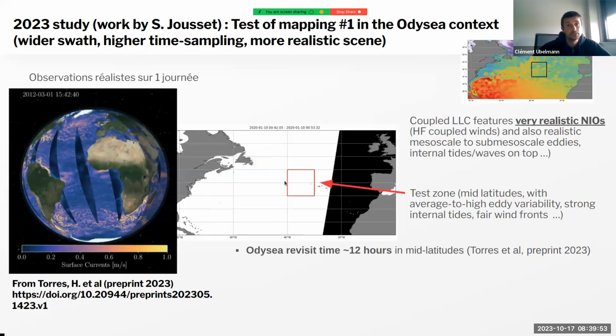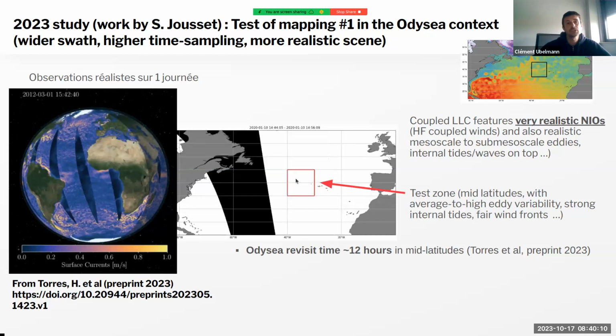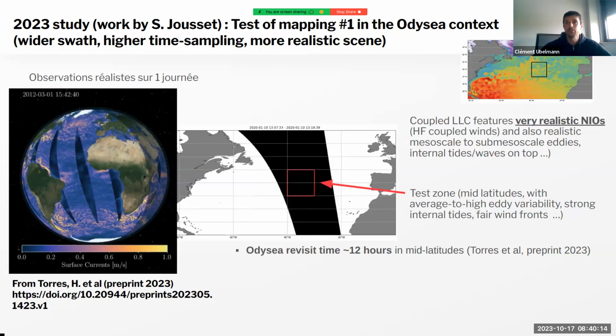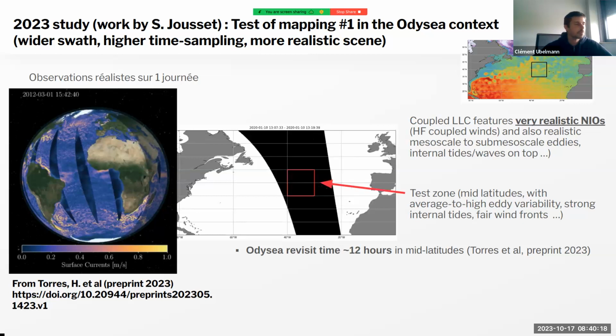So you see the ascending path, and then 12 hours later, the descending path, basically. Here the animation is only 24 hours, but actually the orbit is not a one day exact repeat. So the local position on the swath differs day to day, which is, by the way, also a great advantage for handling tides, but that's not today's subject.